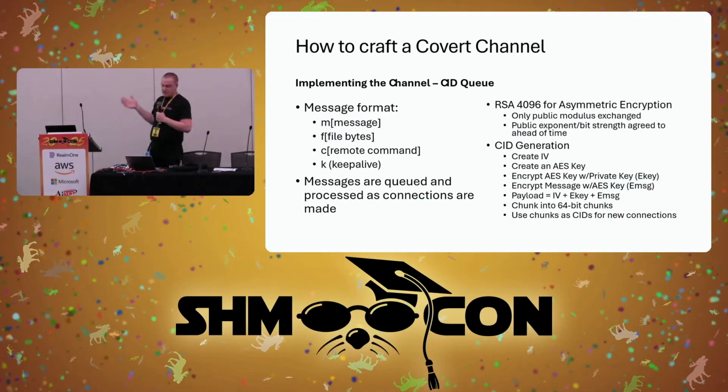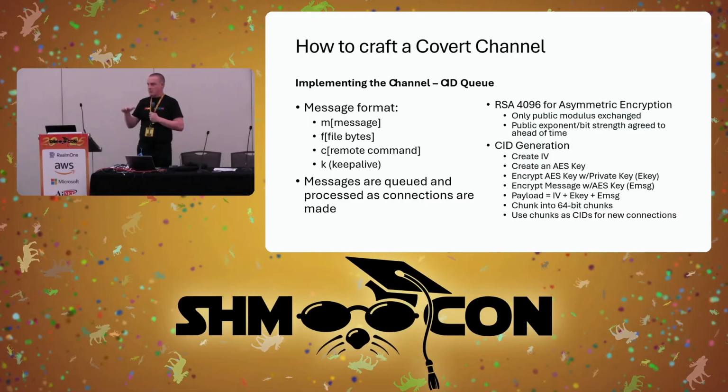So for my message format, it's just a single letter followed by the content of whatever is relevant to that. The letter K is a keep alive because every single one of these connection IDs in my implementation, this is a limitation of it, requires that it be a part of an encrypted packet. There can't be a random CID anywhere that's random. I used AES 4096-bit encryption, and actually implemented a key exchange.